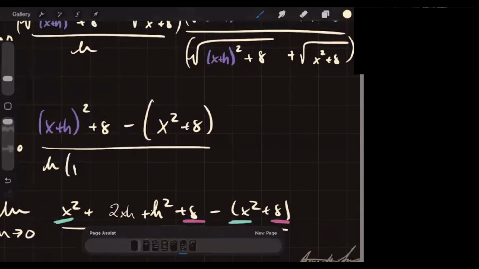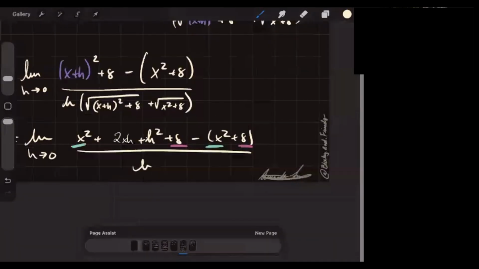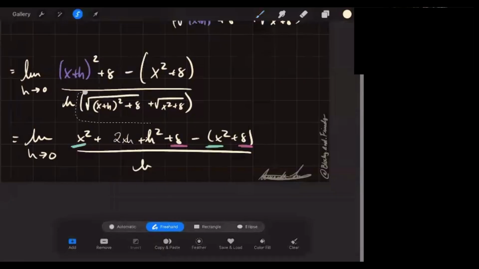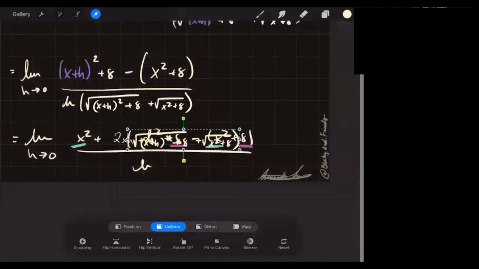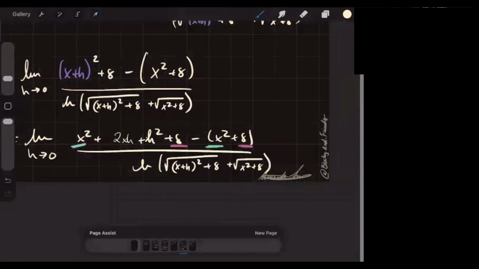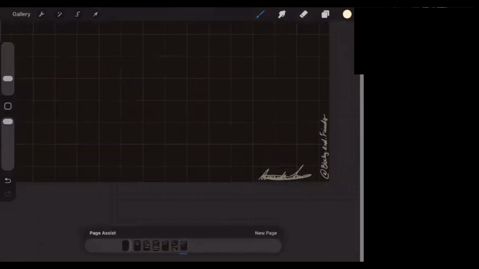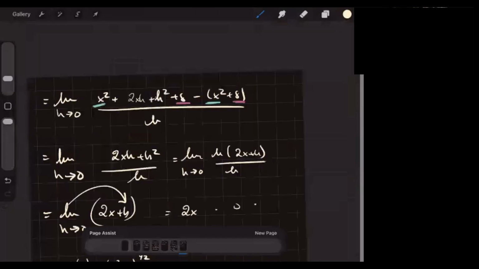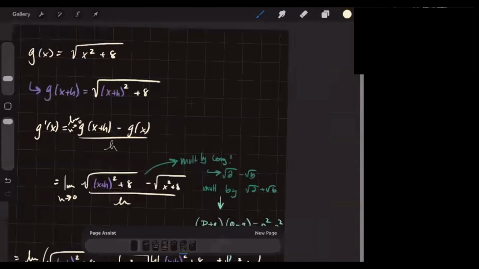So it's gonna give you the square root of (x plus h) squared plus 8, plus root x squared plus 8, yeah. And that's going to go here as well, right? And then, oopsie haha, I forgot to do that.